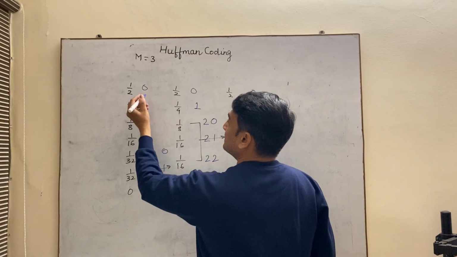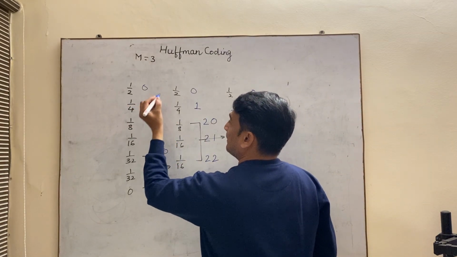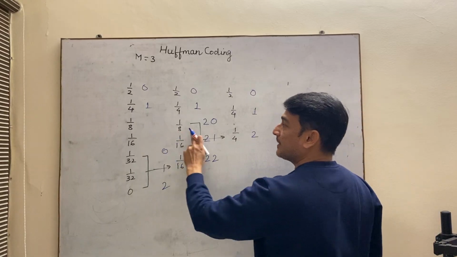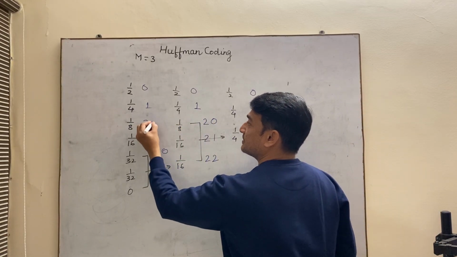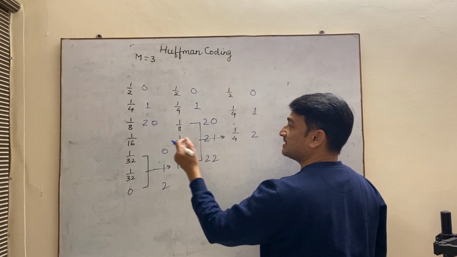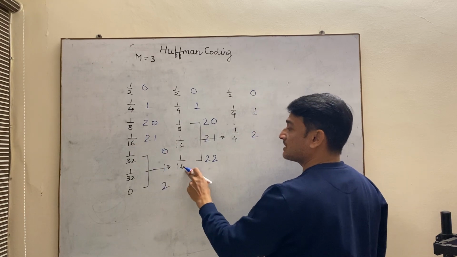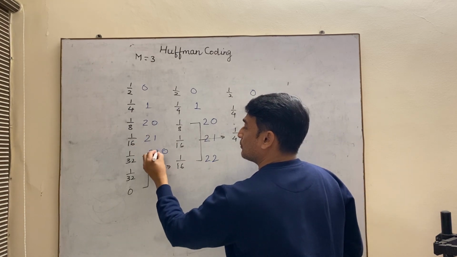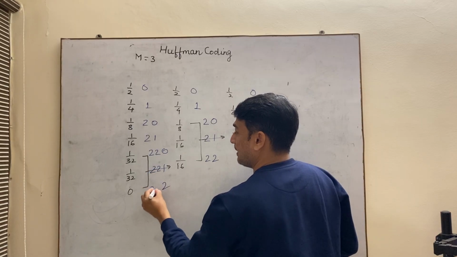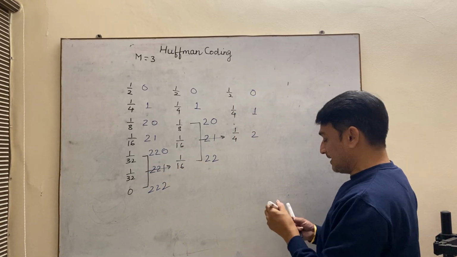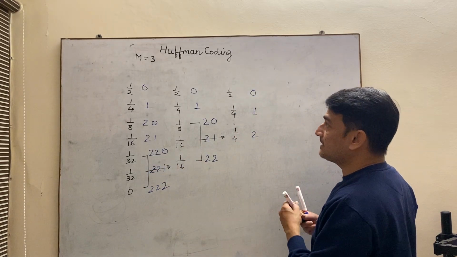Again move to this 1/4 having code 1. This 1/8 is having code 20, this 1/16 is having code 21, and these three values are having codes 220, 221 and 222. So our final table would be something like this.